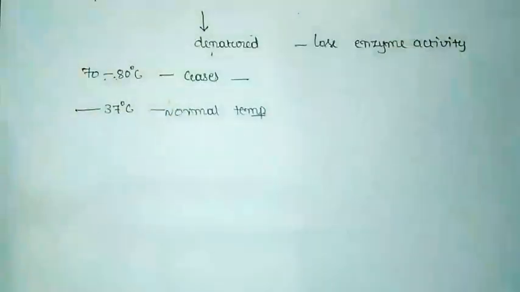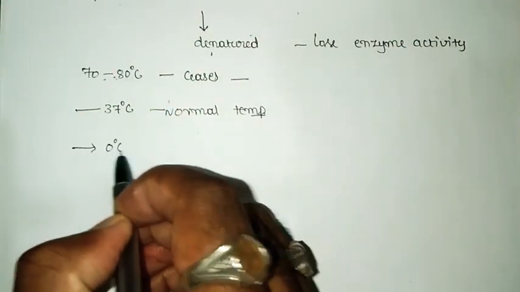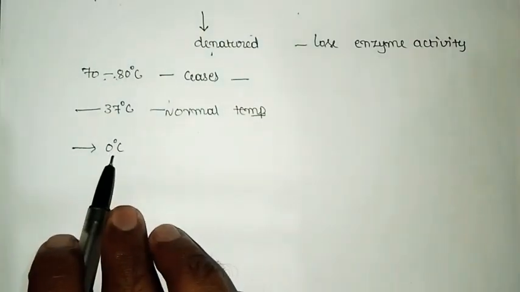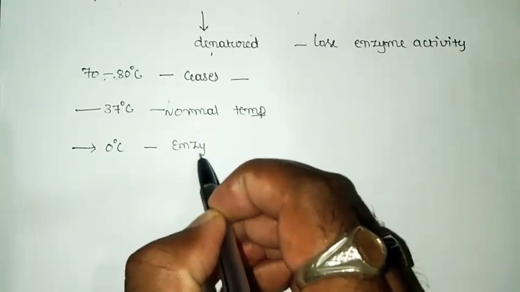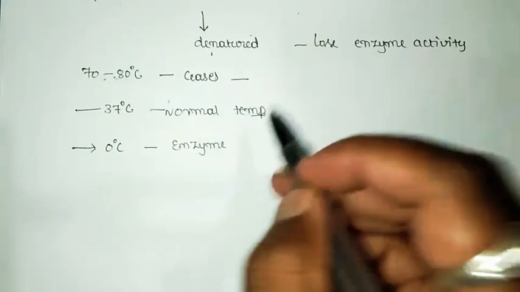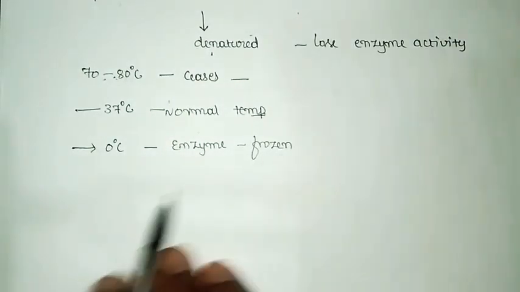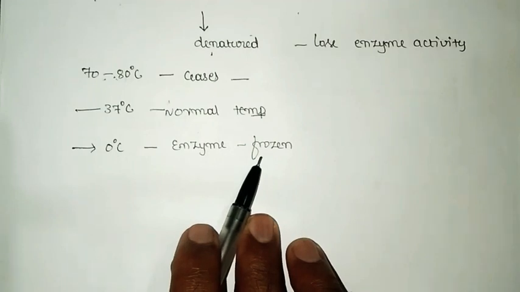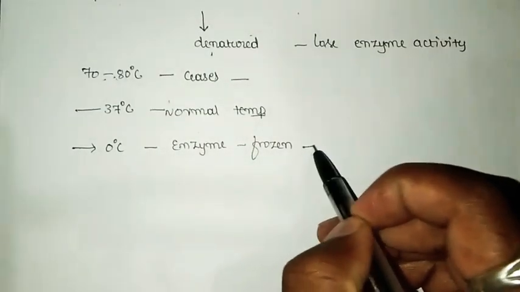If the temperature goes very low, say to 0 degrees Celsius, the enzyme, both the coenzyme part as well as the apoenzyme part, will get frozen. In the frozen state, the enzyme will not show any catalytic activity.